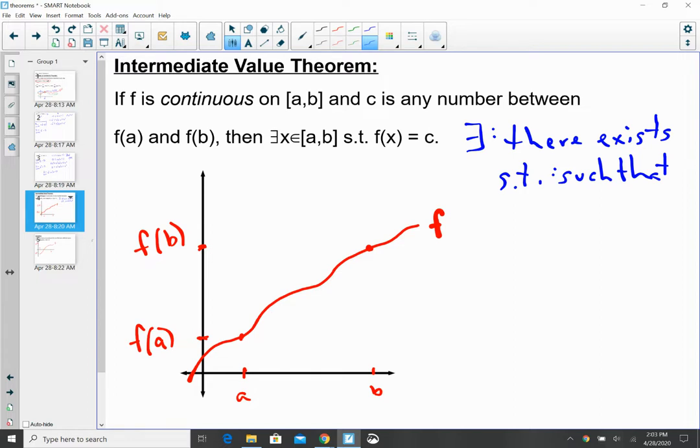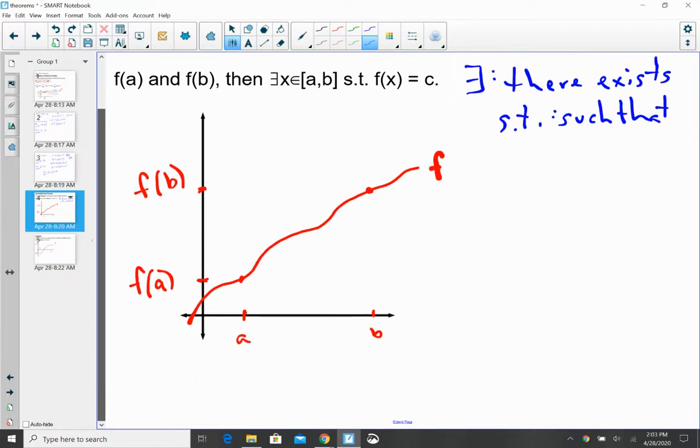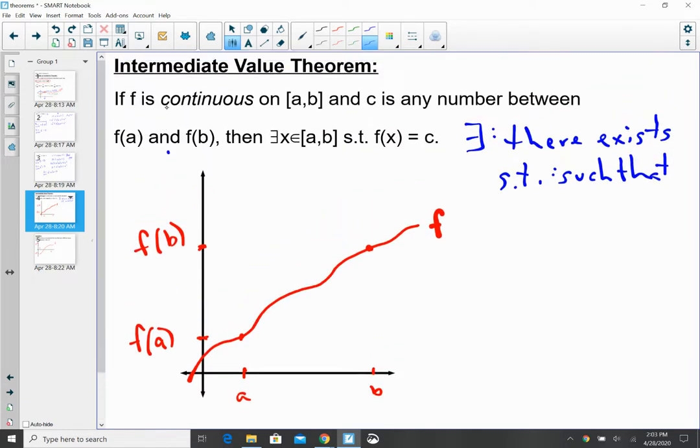So what does that mean here? All right, so here we go. We've got a very nice function. He's continuous, and that's the key thing. Continuous. That's the key part of this. From A to B, there's my x value. He's continuous the whole time. I didn't have to lift my pen in order to draw him. There he is. If I choose any number between f of A and f of B, before you question where that comes from, if this is the A value, that's the f of A value.